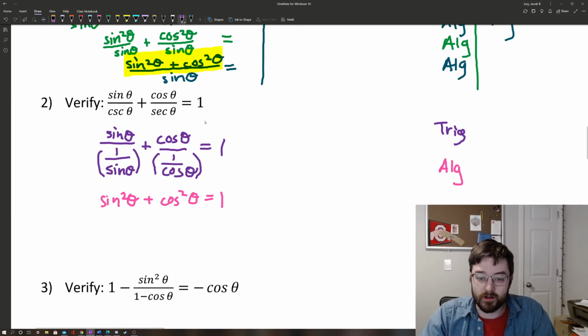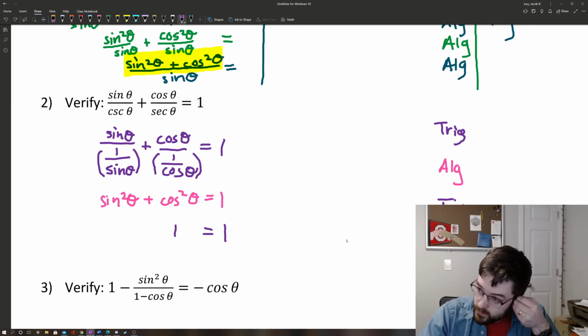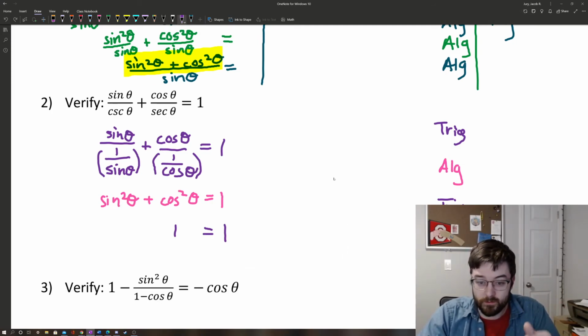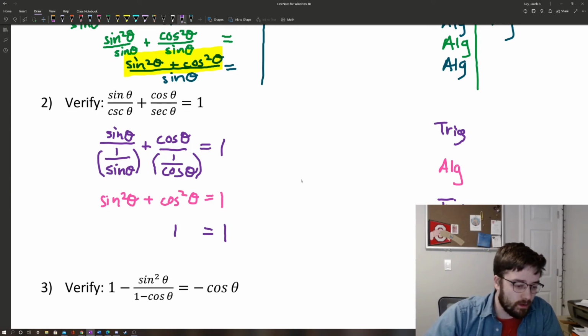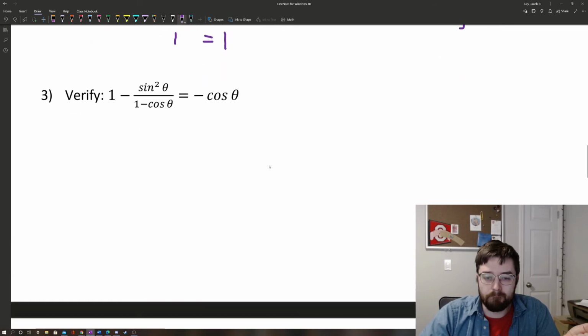It can be found by using a trig identity, which we already know because we have that chart memorized. So sine squared plus cosine squared theta can be substituted for 1. Great, so that one was pretty simple. Let's try one more.